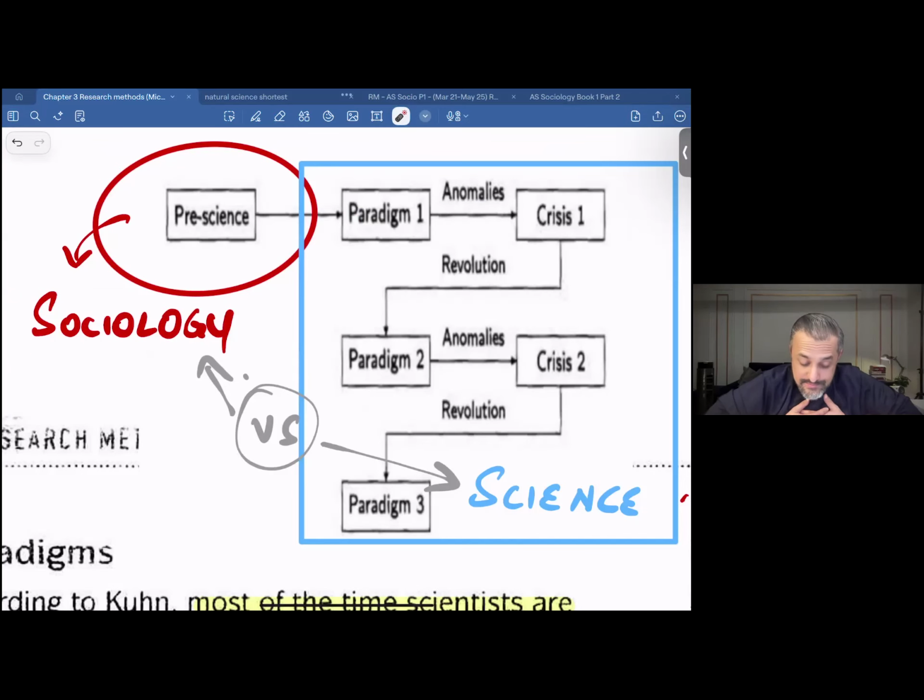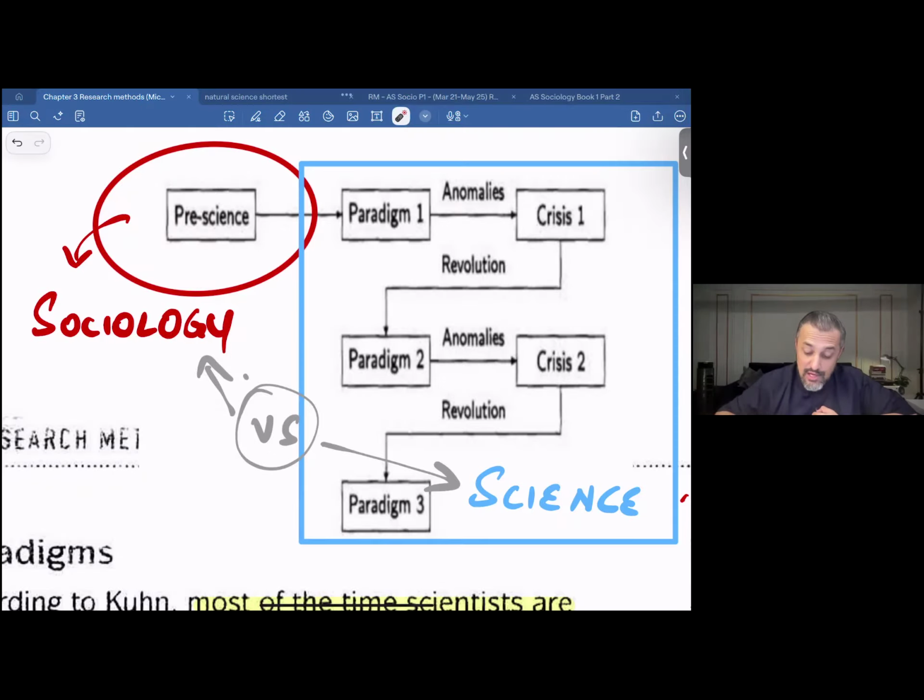Thomas Kuhn claims sociology does not have any such theory, any such perspective that they all unanimously show agreement towards. So according to Kuhn, sociology to this date is in a pre-scientific phase because you don't have any such paradigm, any such theory, any such perspective, any such school of thought that everyone unanimously agrees upon.